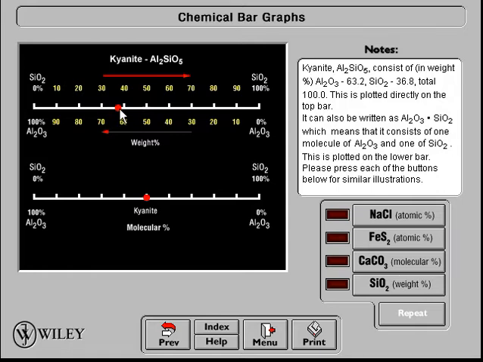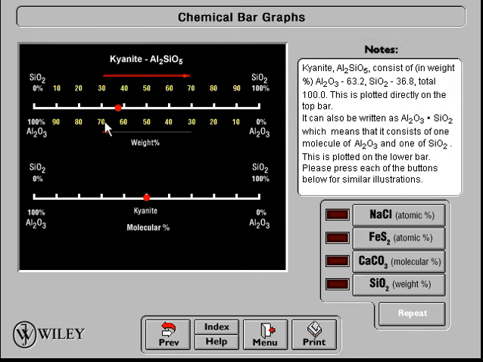Here we have the ratio: 63.2% aluminium oxide, and from here to here the 36.8 weight percent SiO2. It can also be written as Al2O3 multiplied by SiO2, which means that it consists of one molecule Al2O3 and one of SiO2. And this is plotted here.